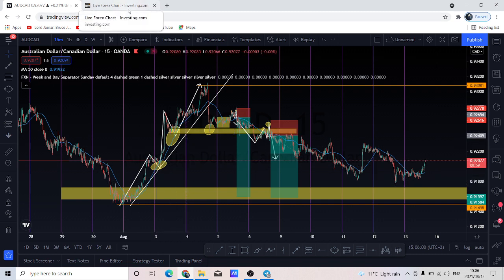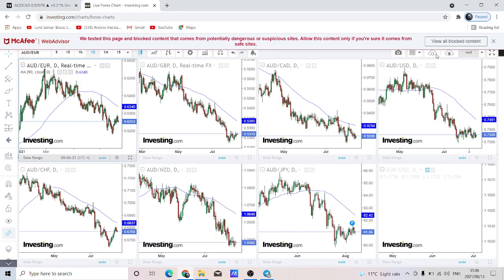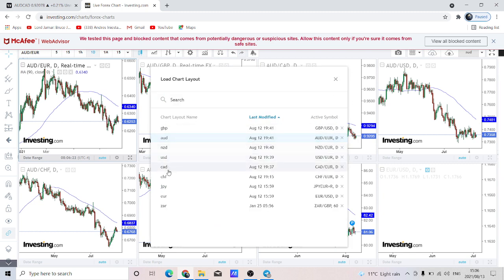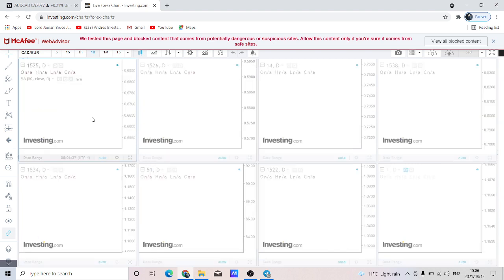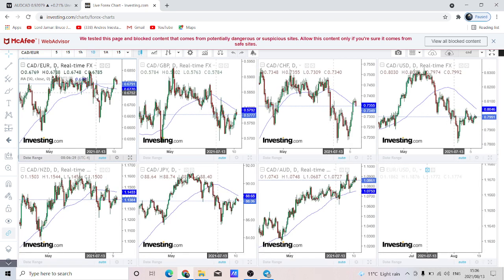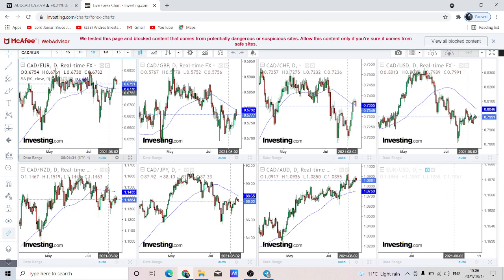So now we need to see what's happening on the CAD because this AUD is not alone. It's AUD versus Canadian dollar. Now we need to come into our sentimental platform here, and then we need to check what's happening on the CAD. So the CAD, in my notes here, I can clearly see that it was neutral because it's up and down.